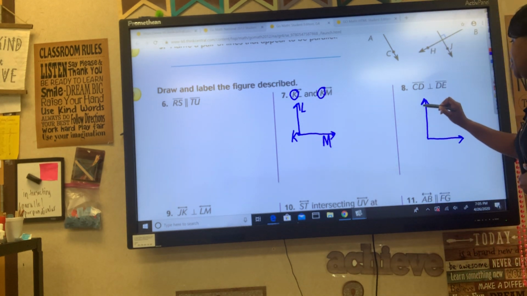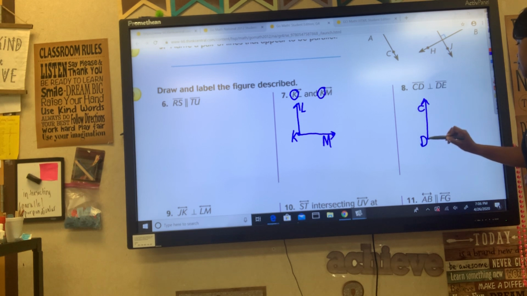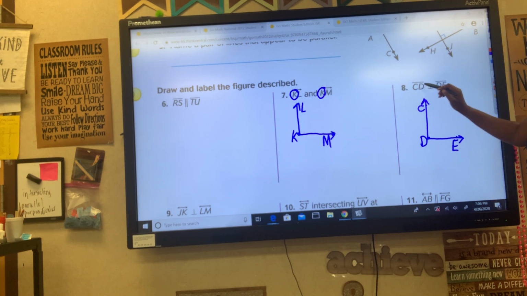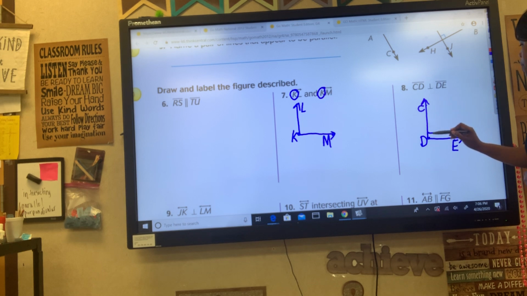And this is line segment CD. It's perpendicular to line segment DE. CD is perpendicular to DE. They're perpendicular, they form a box or a square in the right corner.